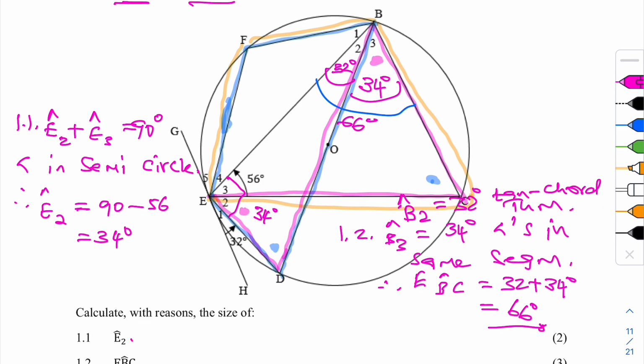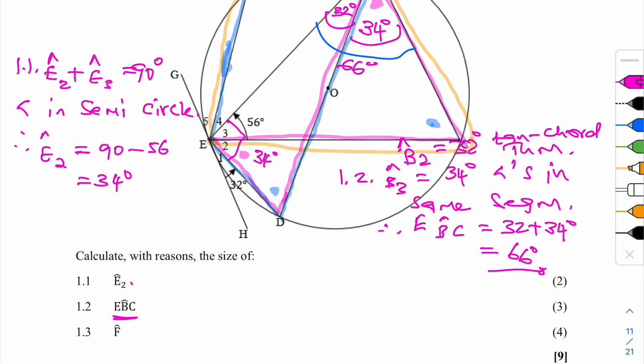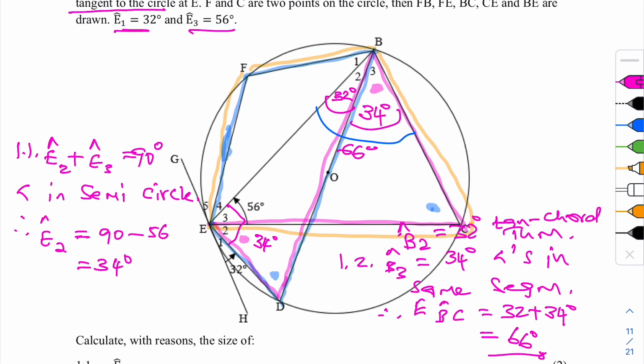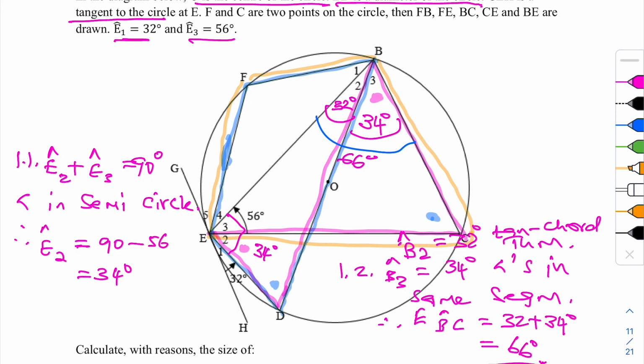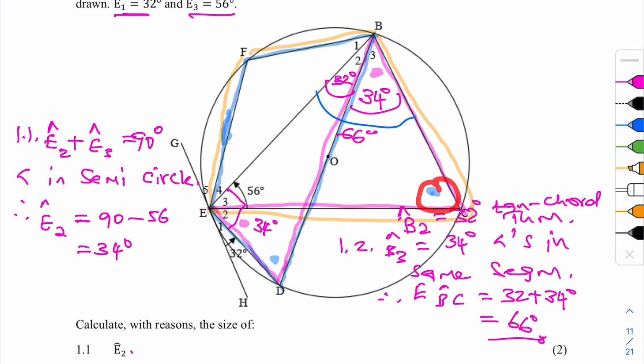Okay. Then the last question is asking for angle F. So angle F being this one. Okay. So in order to get angle F, we need to work out angle C so that we can do opposite angles of a cyclic quadrilateral.